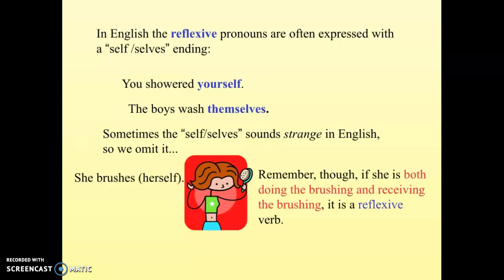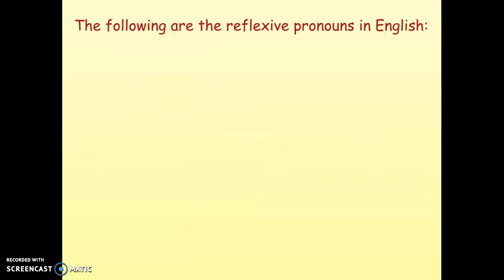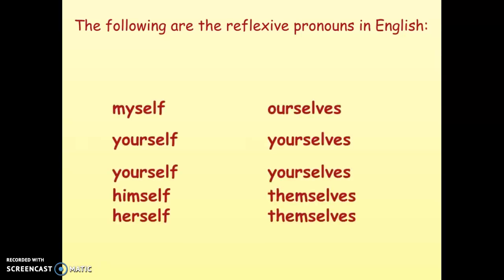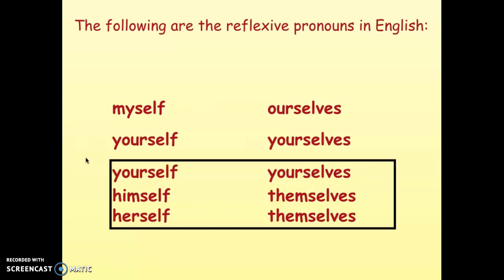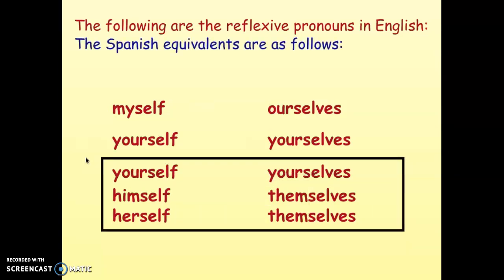Now, let's take a look at the reflexive pronouns in Spanish. First, we'll look at the reflexive pronouns in English, which are myself, yourself, himself, herself, yourselves, and themselves, or ourselves. Let's look at the Spanish equivalents. Myself will be me, yourself will be te.